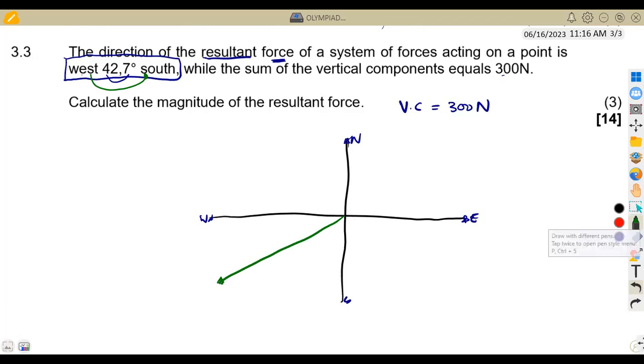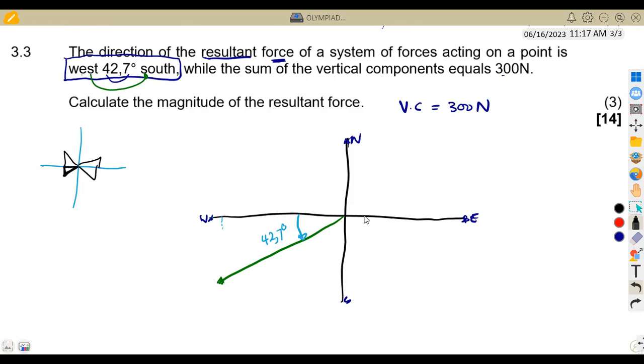But the angle that we are given is important. It's between west and south, going from west to the south, which means we're talking about this angle in between here. That's where our angle is, 42,7 degrees. Remember our triangles, I said they are going to be taken like this. So in this quadrant, we are going to expect a triangle of this nature.